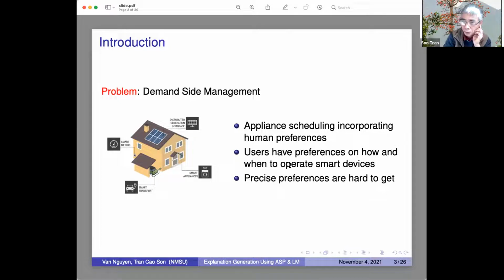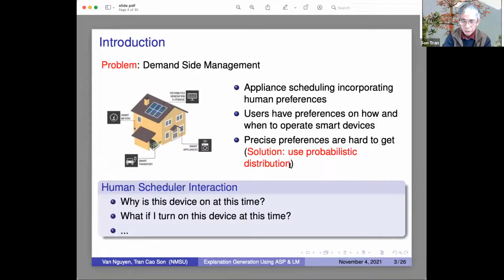In previous work, we tried to solicit the preferences of the users, but we realized that asking the user to fill up, for example, a matrix of 20 by 20 is already hard, and it gets worse when you have more appliances. So lately we have been using a probabilistic distribution to represent the preferences of the user.